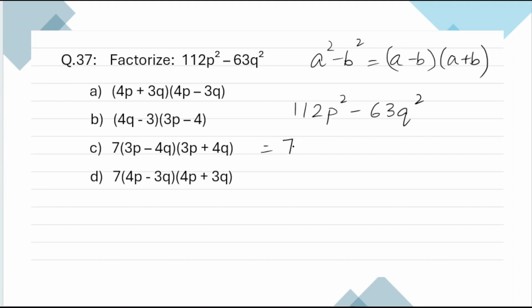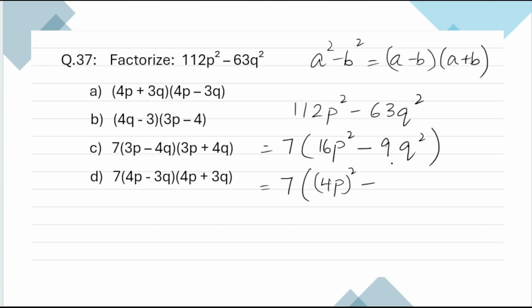112 divided by 7 gives me 16p square, minus 63 divided by 7 gives me 9q square. Now I can clearly see that 16p square is the perfect square of 4p. 4p whole square gives you 16p square.